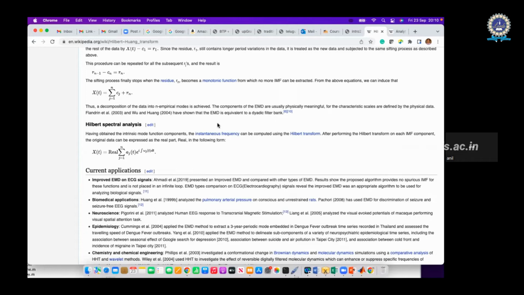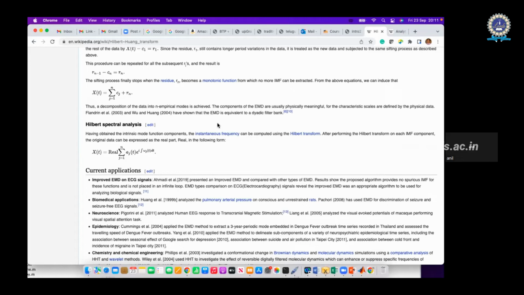But if you are working with a weather information kind of signal or a very complex non-stationary signal, your short-term Fourier transform or wavelet transform won't serve your purpose. For that, the popular technique is the Hilbert transform. The principle in the Hilbert transform is to divide the complex signal into multiple signals, called IMFs, intrinsic mode functions.